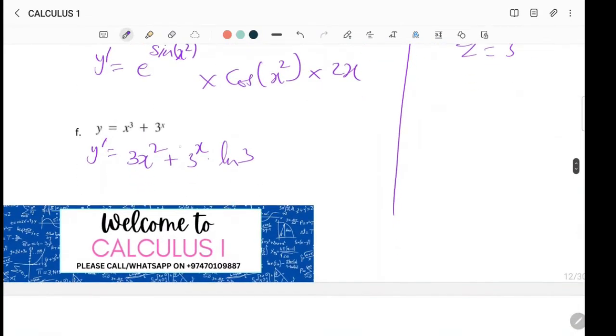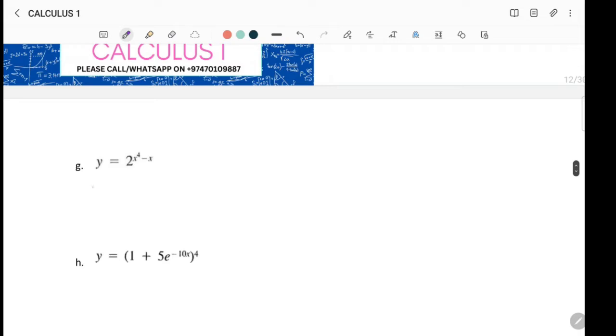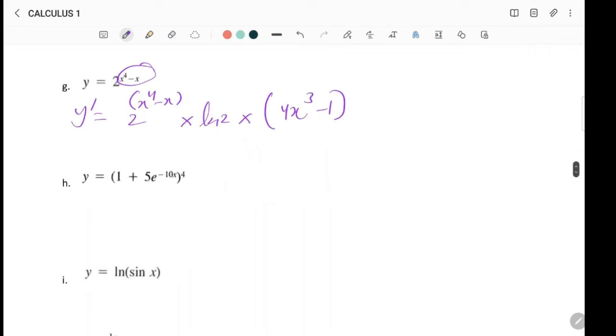So 3 to the power x differentiation is 3 to the power x ln 3, and actually x differentiation is 1, so no need to write. Now y dash, 2 to the power x to the power 4 minus x differentiation is 2 to the power x to the power 4 minus x, and times ln 2, then times differentiation of this, 4x cubed minus 1.